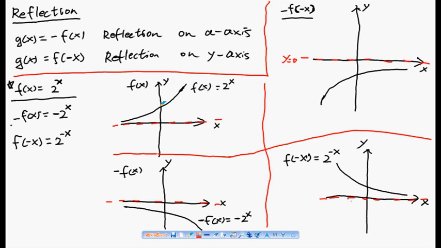Say the y-intercept in the original graph is 1. When we reflect it on the x-axis, it becomes -1. When we reflect it on the y-axis, from the original graph, it doesn't change, still +1.